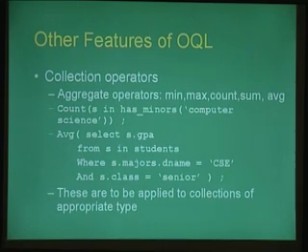Again, some more operators specified by OQL are the aggregation operators, or what are called the collection operators, where you can have aggregate operators just like in SQL, like min, max, count, sum, average, and so on. So you can get the minimum over certain attributes, or max over certain attributes, and similarly count.